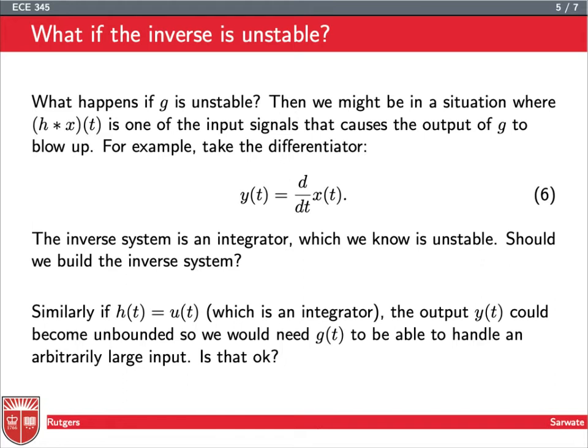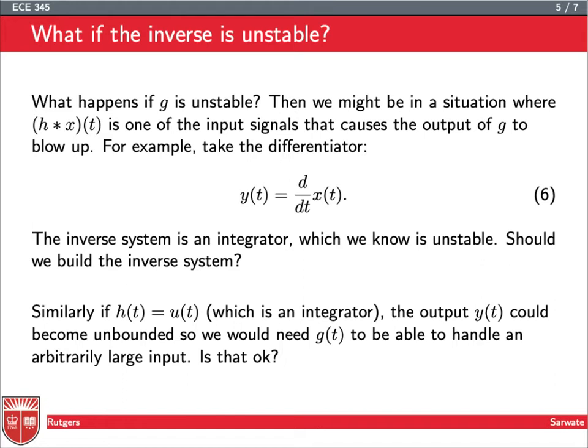So should we really build the inverse system? That is, can we really build a system to recover our input signal? Or have we somehow messed up the input signal by putting it through the system H in such a way that we can't actually recover it, because something would blow up if we tried?